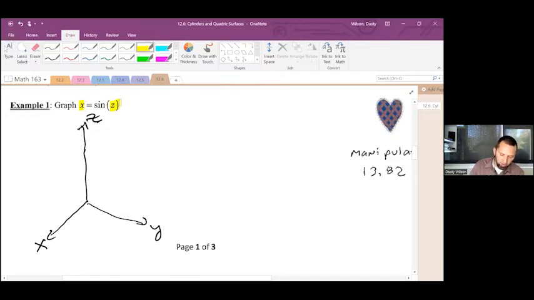Notice that this is a sine, but it's a sine that's working vertically. So here would be pi, 2 pi, and it's entirely on the xz plane.